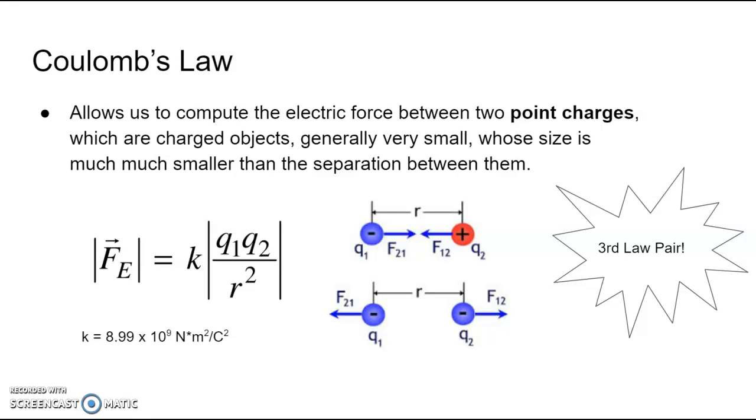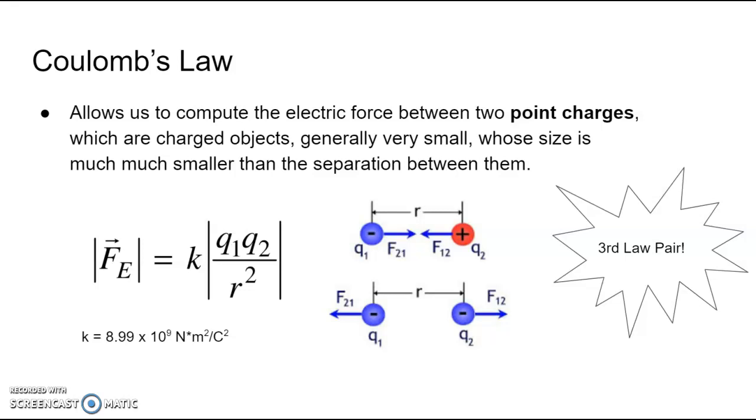If we wanted to compute the electric force between two point charges, what I mean by a point charge is some sort of charged object that's very, very small, ideally just a point particle. This basically means we have two charged objects whose size is much, much smaller than the distance between the two.